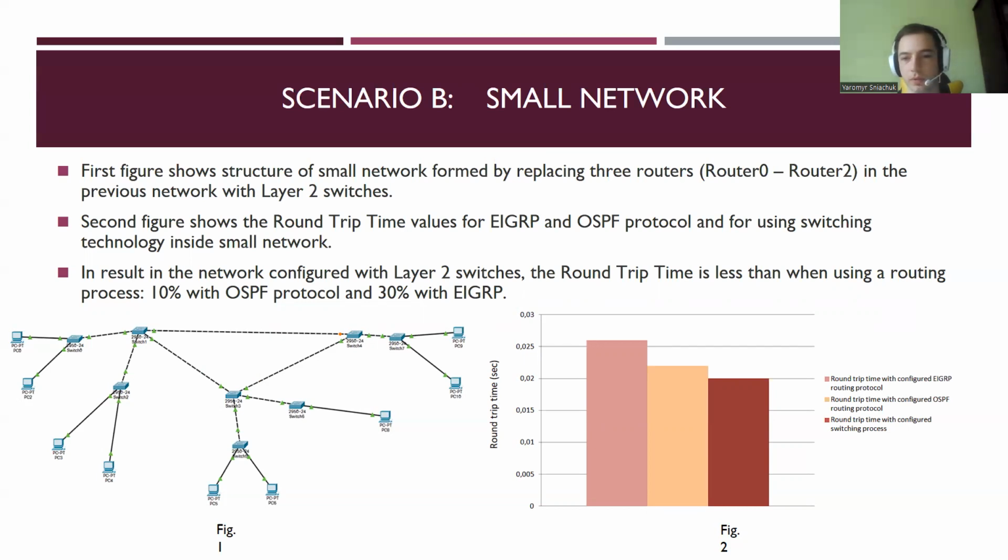Round-trip time with configured switches is about 20 milliseconds. As a result, in the network configured with layer 2 switches, the round-trip time is less than when using a routing process, by 10% with OSPF protocol and 30% with EIGRP.